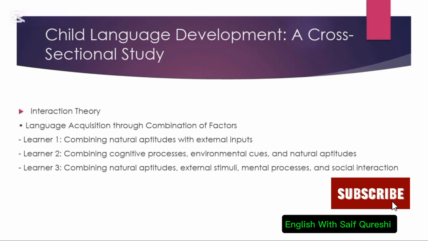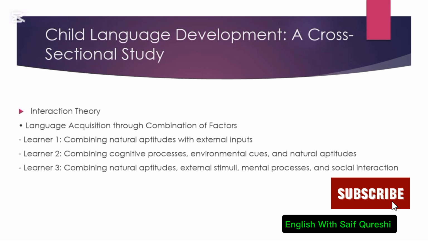The first point is language acquisition through a combination of factors. What does it mean? This theory says that kids learn language through a combination of factors. And what are the factors? Number one, natural ability, number two, environment, number three, their cognitive processes, and number four, social interaction.